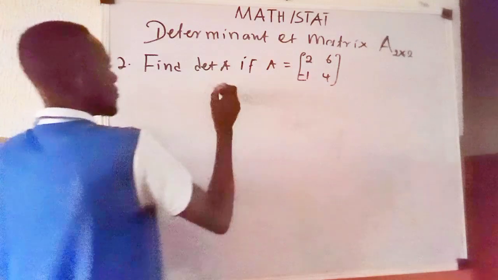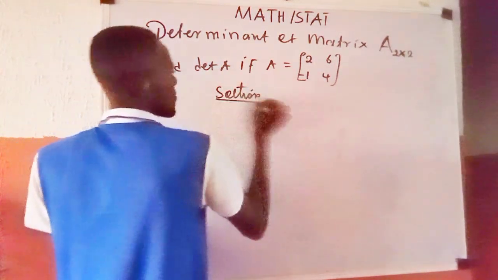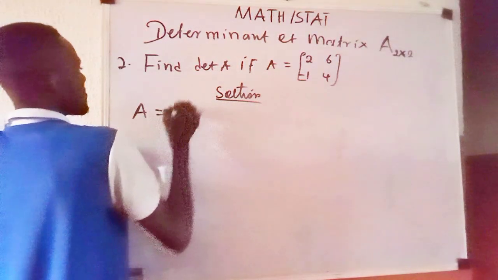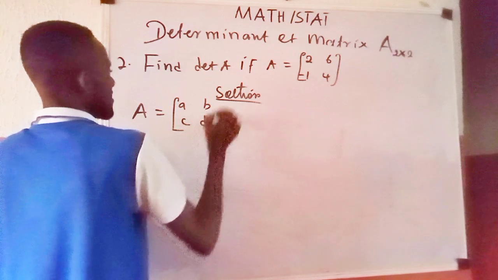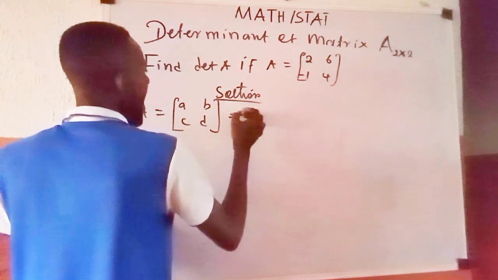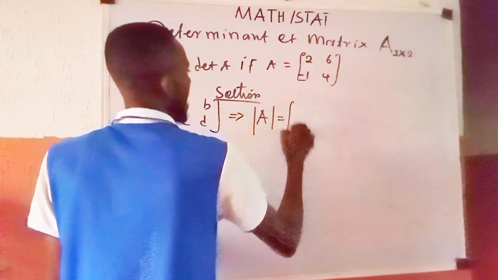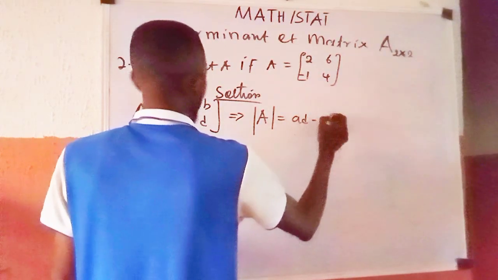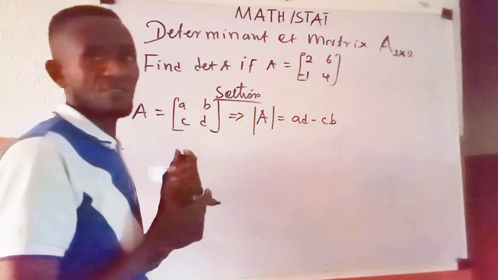As a way of solution, we equally recall for ourselves that A defined as A, B, C, D will imply that the determinant of A is given as AD minus CB. This minus that.